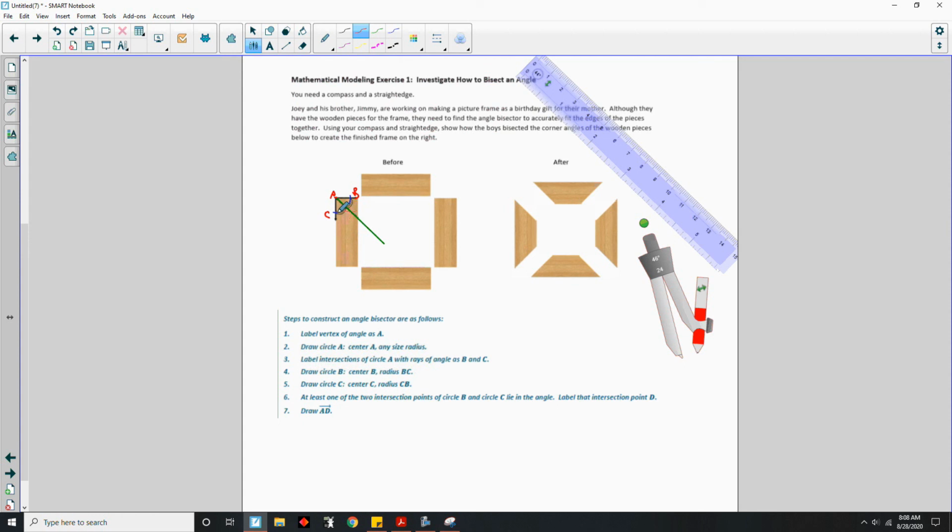And then draw circle C right here, centered at C, with the same radius as B. So circle B and circle C have the same radius. At least one of the two intersection points of circle B and circle C lie in the angle. Label that intersection point D. So that's my arc. That is my arc intersection, and that is right here, and then I drew ray AD.